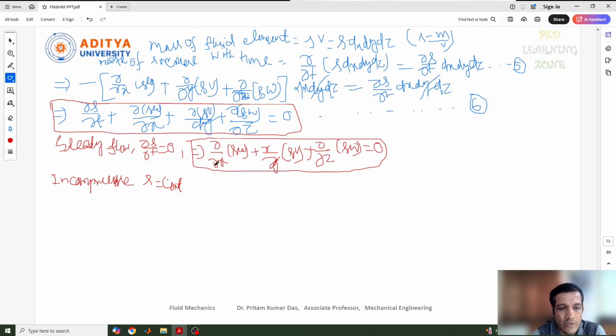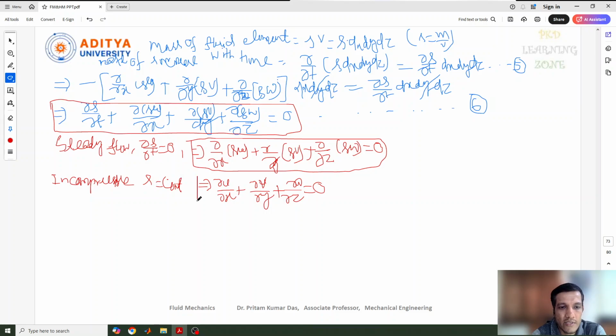In the previous equation, the density term is there, so take the density common and send it to the other side. The remaining terms will be del u by del x plus del v by del y plus del w by del z equal to 0.